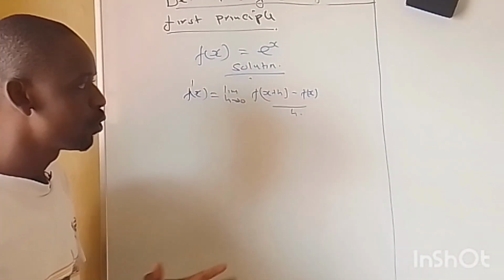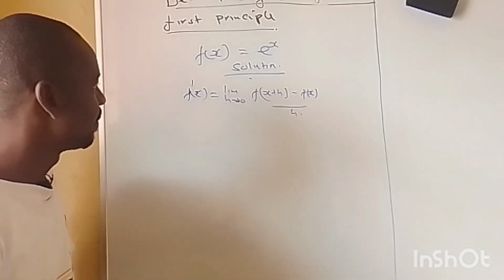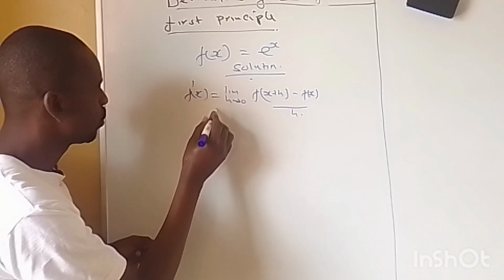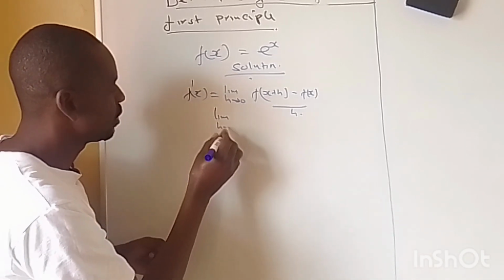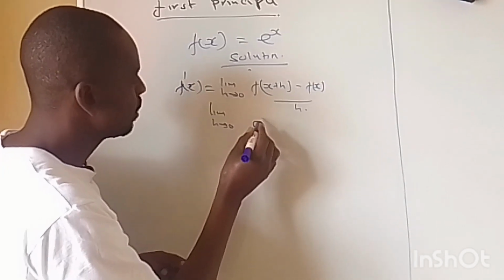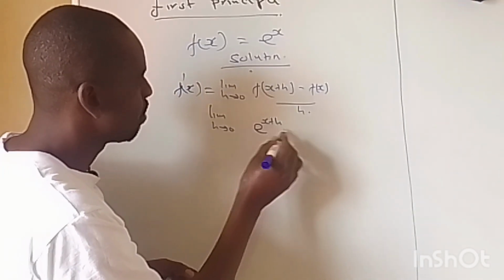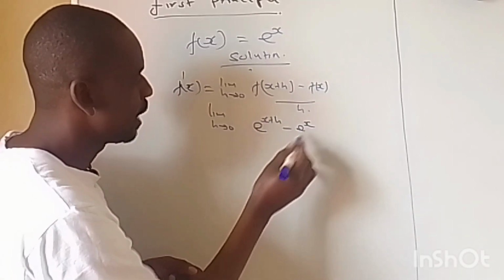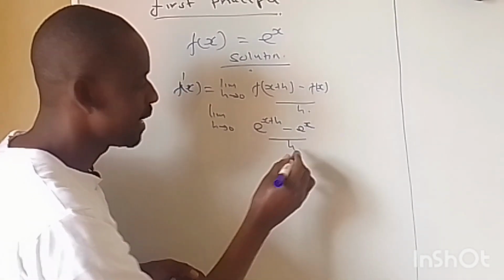That is the definition of the derivative. So can we now just replace here? As the limit h is tending to 0, then e raised to x plus h minus f of x, which is our e raised to x, then we are dividing by h.